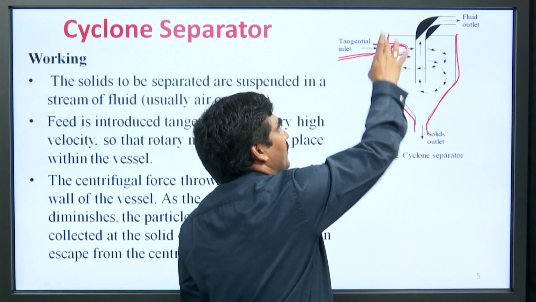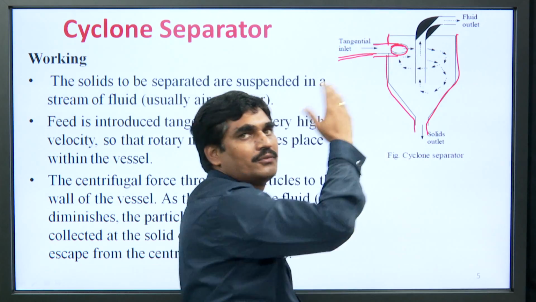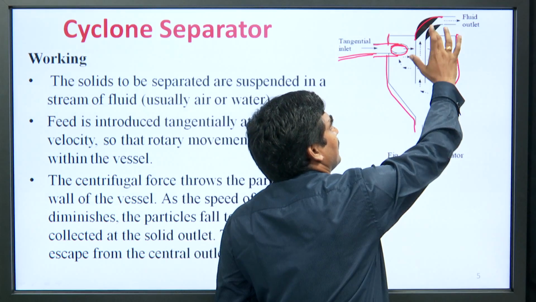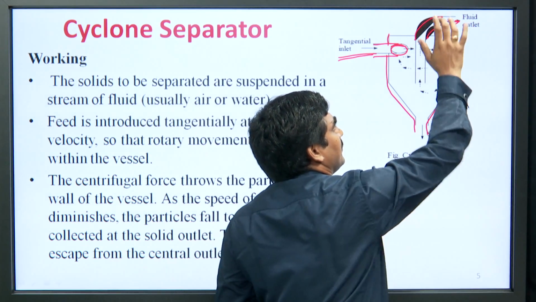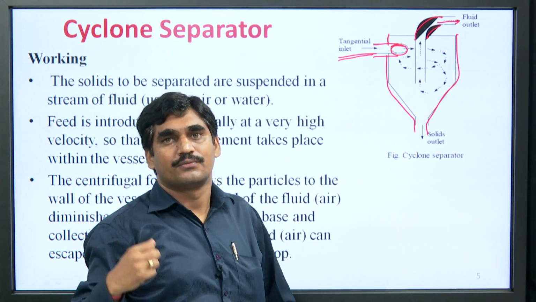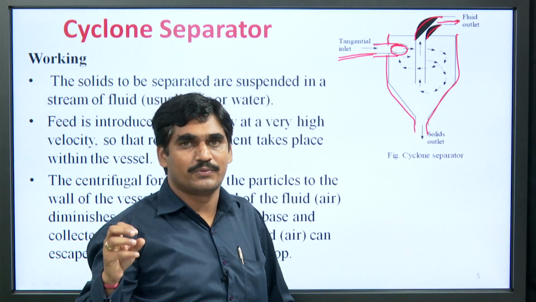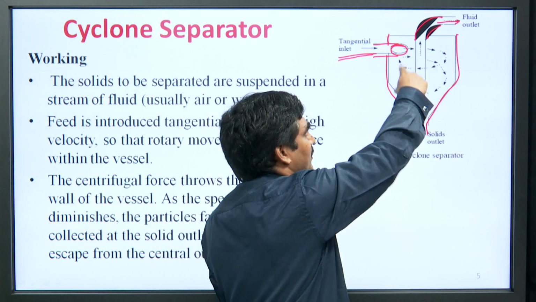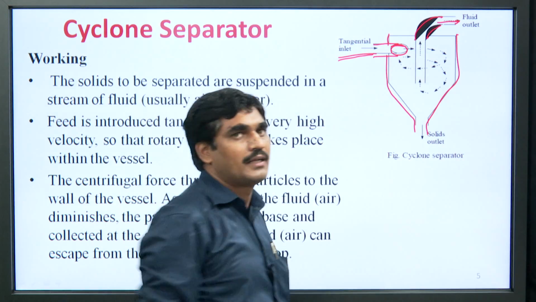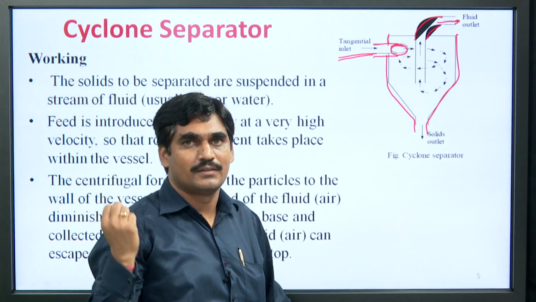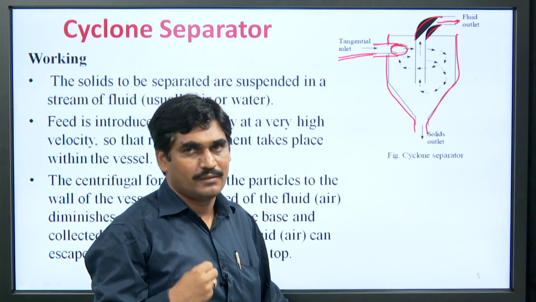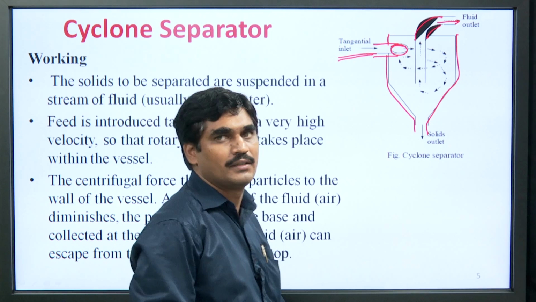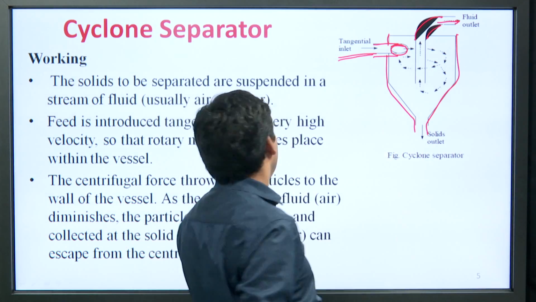It is perpendicular to this vertical cylinder. This place is a system for fluid outlet, meaning the fluid which is used in this cyclone separator along with that solid material. So, fluid can be collected through this fluid outlet and product is collected from the bottom.